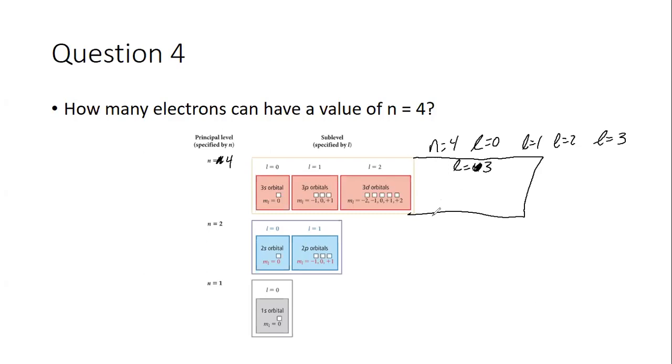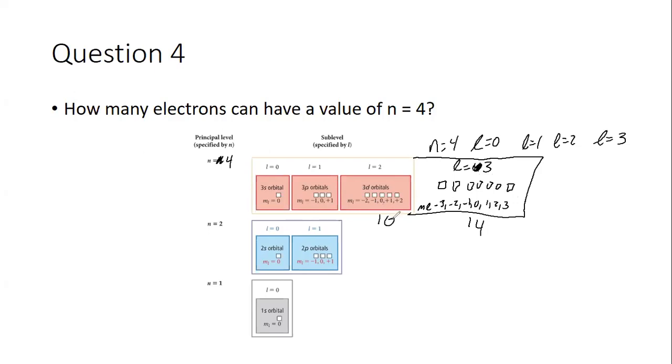If L is 3, then m sub L could be -3, -2, -1, 0, 1, 2, 3. Every time I make an m sub L, I draw a box. 1, 2, 3, 4, 5, 6, 7 boxes, right? And for every box, I get 2 electrons. So 7 boxes is 14 electrons.